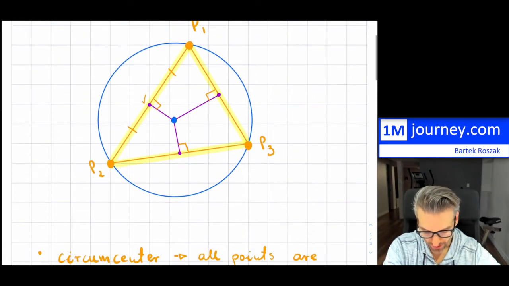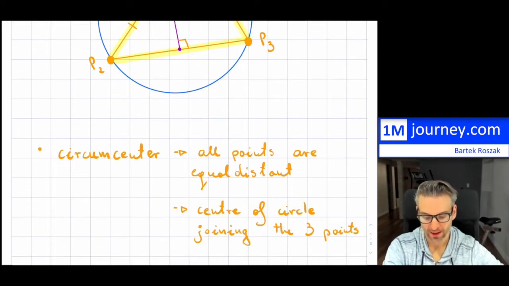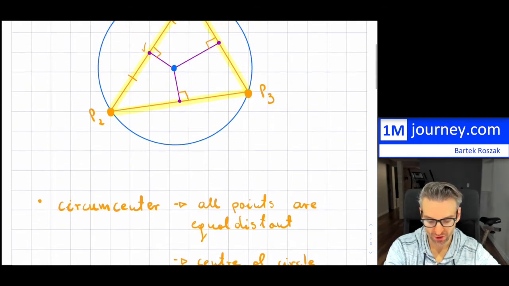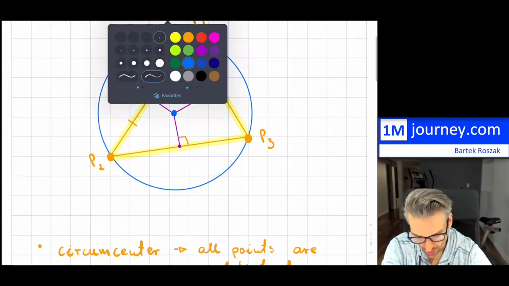Now, from that, we have that the circumcenter, basically all the points are equidistant to that circumcenter. So point 1, point 2, and point 3 are equidistant from the circumcenter. And that should make sense because it is nothing else but simply the radius that goes all the way around.